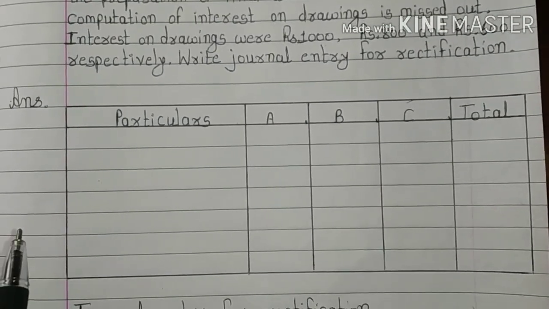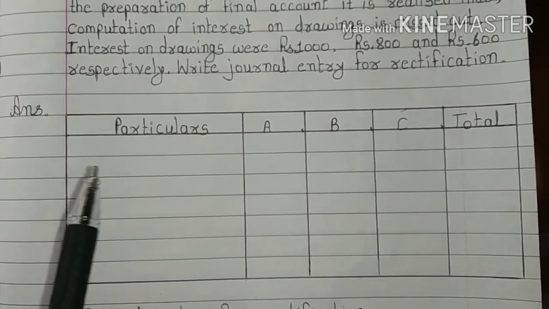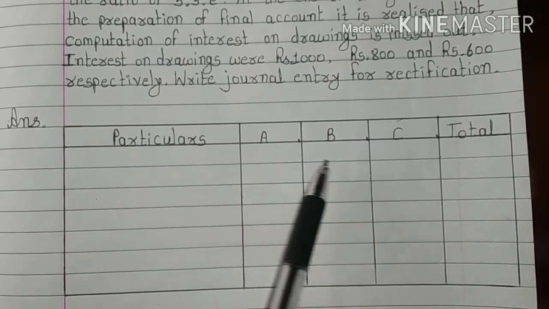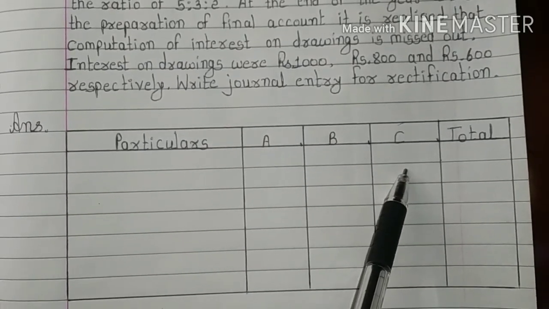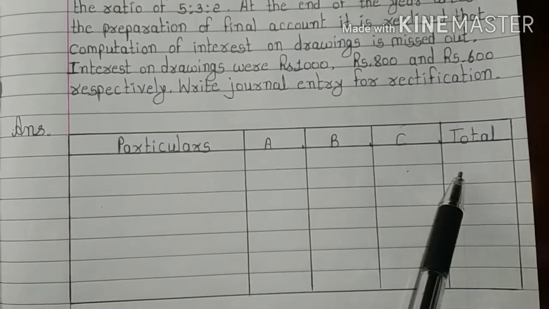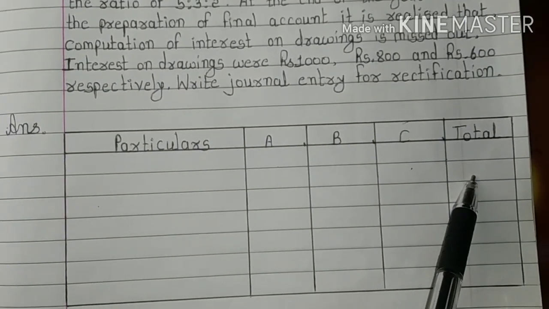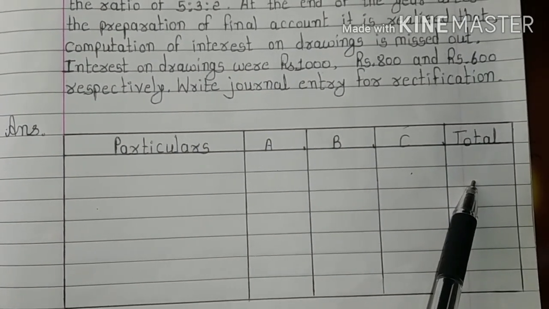See, I have already prepared this table where first column is for particulars, then after, according to partner's name, columns are prepared, and at last the column of total. Okay, now let's start calculations.